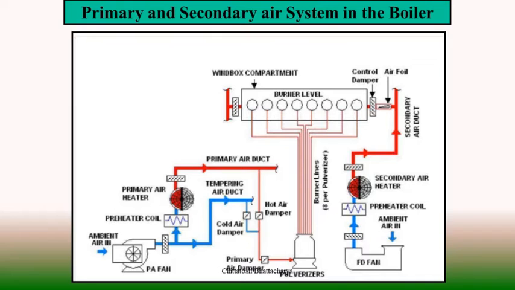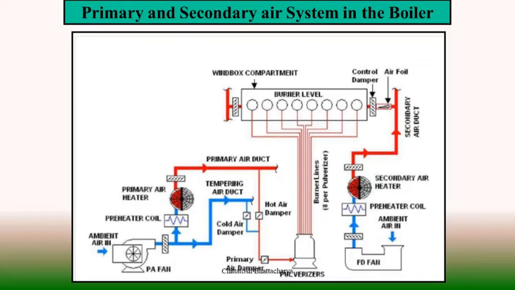In case of primary air supply system, we have 2 PA fans, and they are placed in the 2 passages in terms of layout of the system. So PA fan A and PA fan B are supplying primary air.